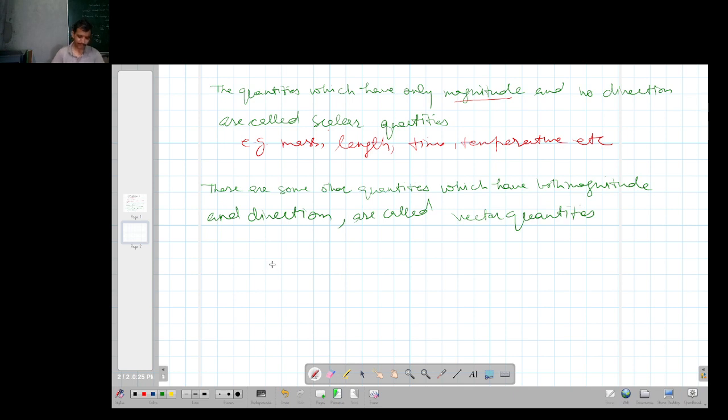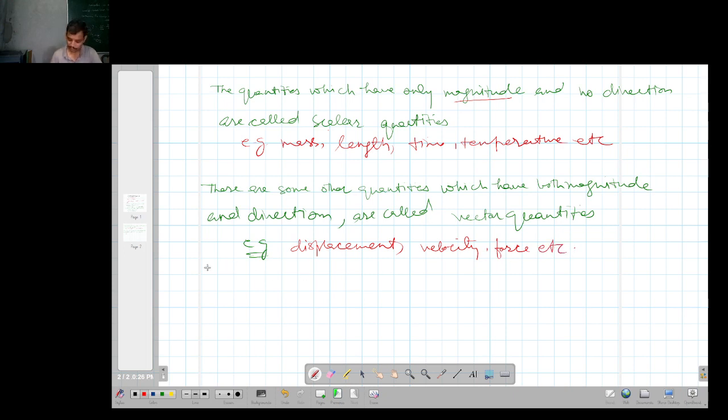For example, displacement, velocity, force, etc.